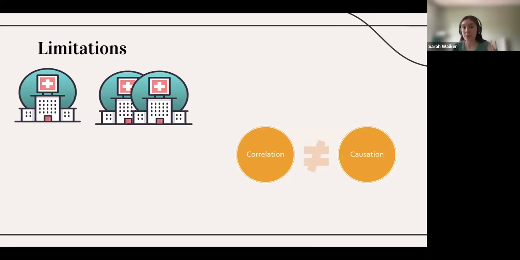So we're looking at an association between these categories and the outcome, but we might not be able to say specifically that race or sex is causing this difference, right? So there might be other explanations for this association. And similarly, there might be other confounding variables that we did not include in our model. So other variables could impact the association between our exposures and our outcome.